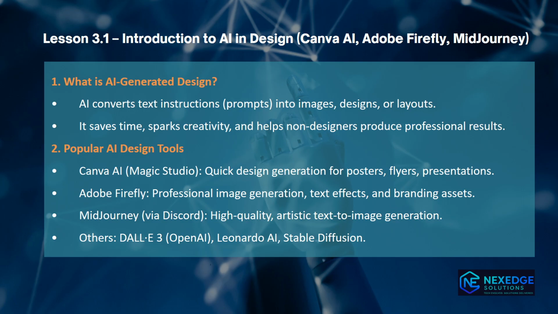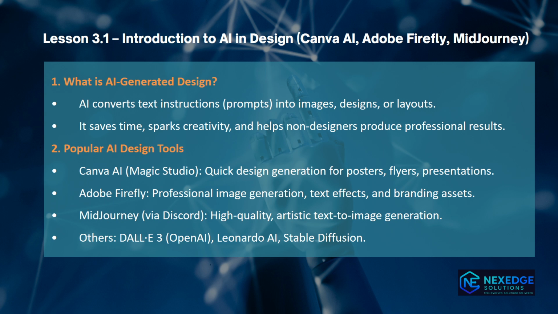It saves time, sparks creativity, and helps non-designers produce professional results. So this is what AI can generate for you just by giving it a prompt, and then it would give you a very good result.